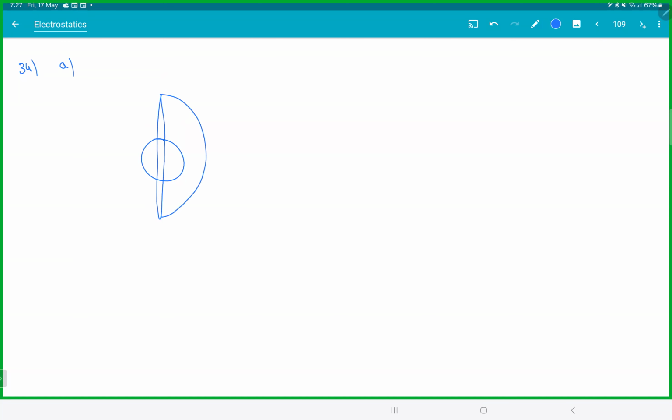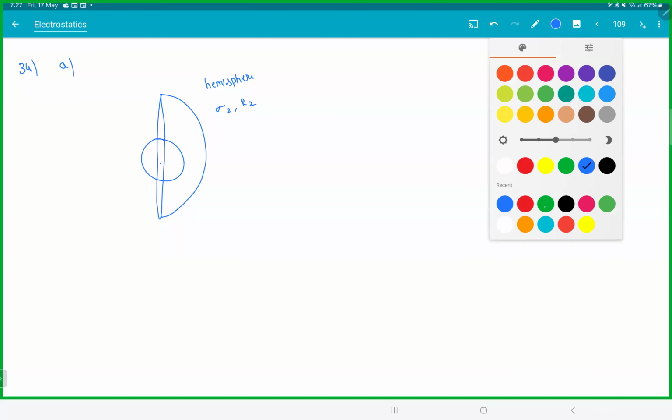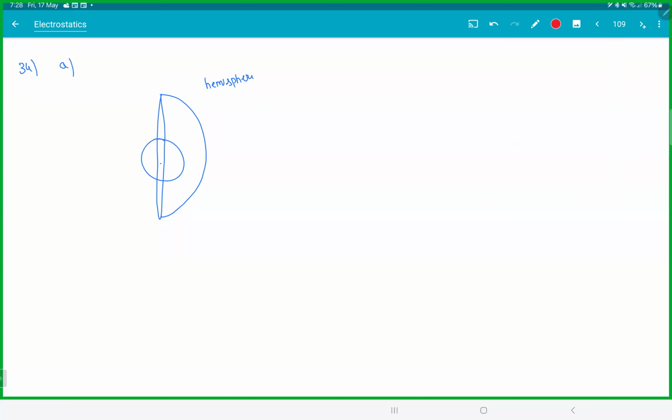We have another hollow sphere like this, a half hemisphere, okay? Let's say this charge is q2, r2. This is q1, r1. Both have a common center.